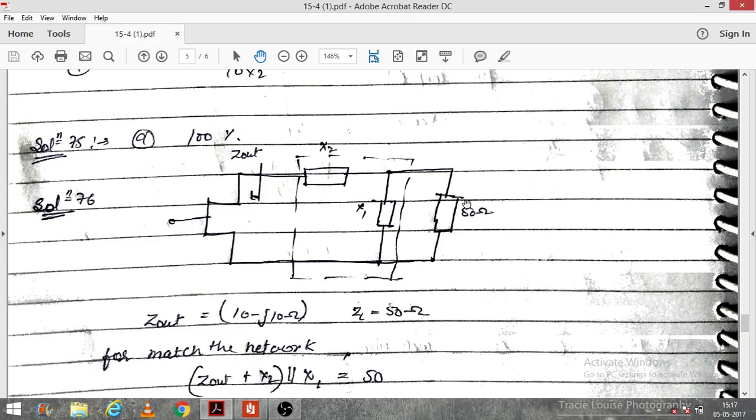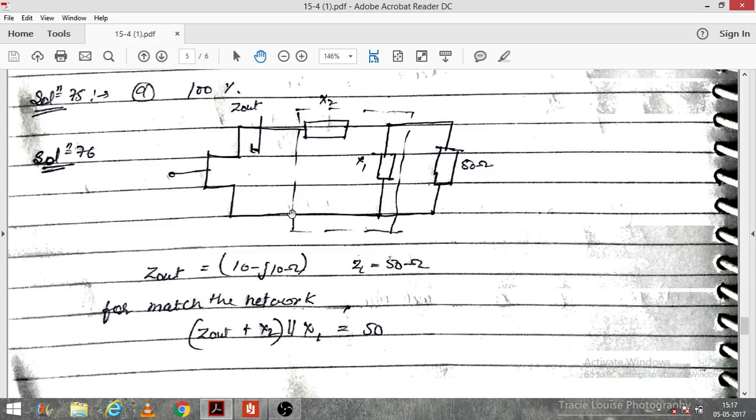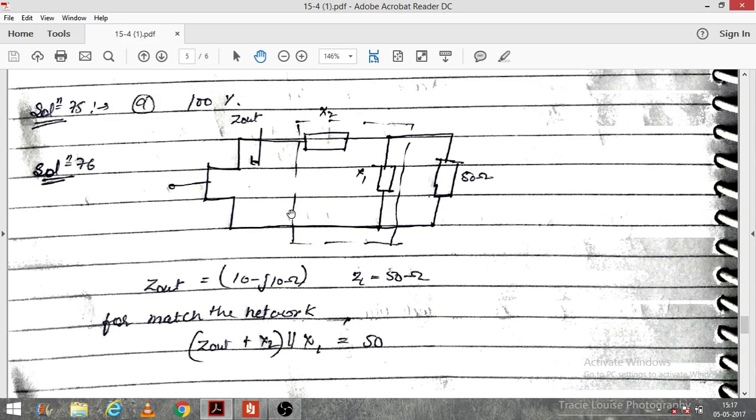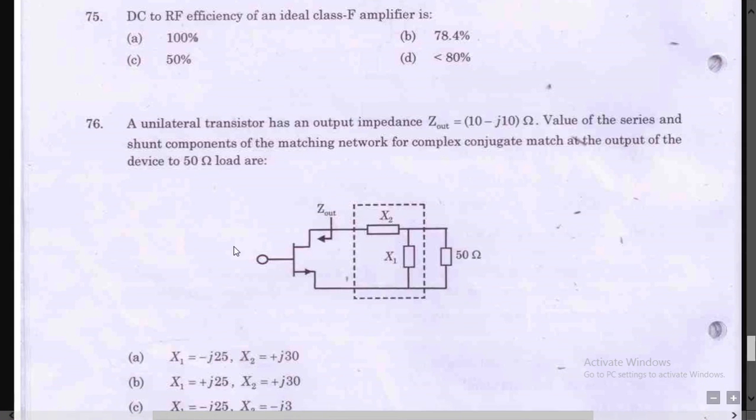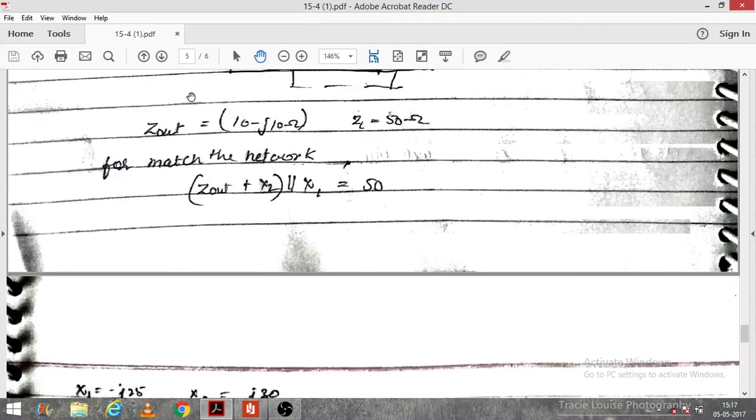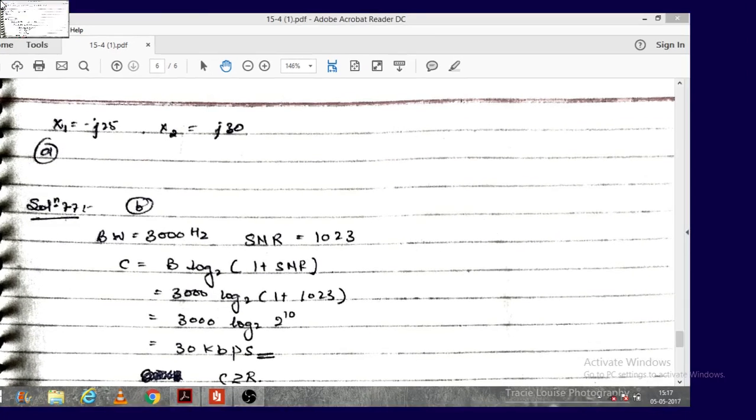This is a complex value. We could take the conjugate, but there is no need to take the conjugate here. By putting these values, Z is 10 minus J 10 ohm plus x2, which we have to find in parallel with x1. We have to substitute these values one by one, and by putting these values we will find that option A will be the appropriate answer. That will be the way to solve this question. So answer A is correct here.